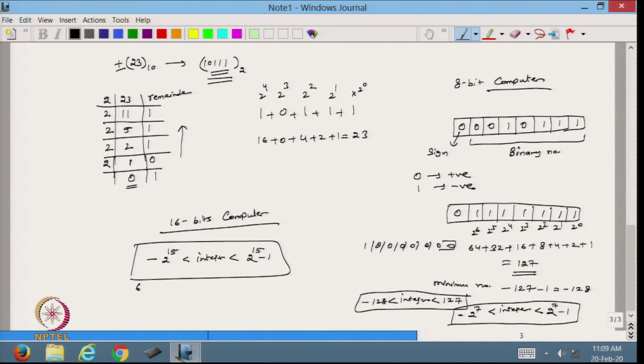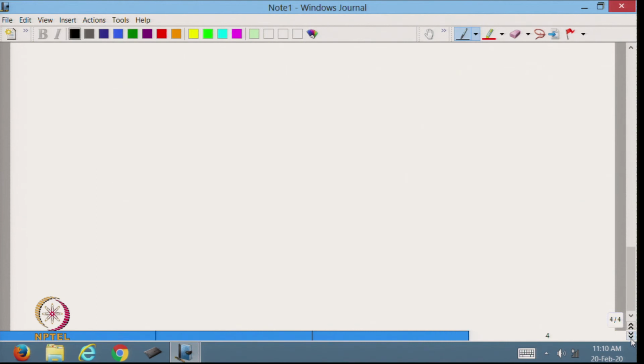For the 64-bit computer, the present computer, it will go up to 2 raised to power 63 minus 1, and down to minus 2 raised to power 63. So you can see that a very big number we can deal with in the present computer. So that is how we can define the integer.